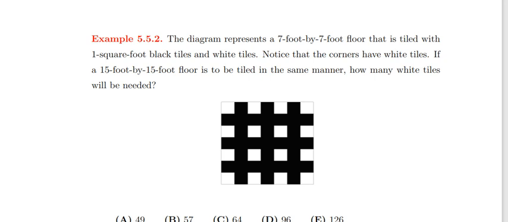This diagram represents a 7 by 7 floor that is tiled with 1 square foot black tiles and white tiles. So the corners are white, black, white, black, white, black, like that. So we want to find how many for 15 by 15.